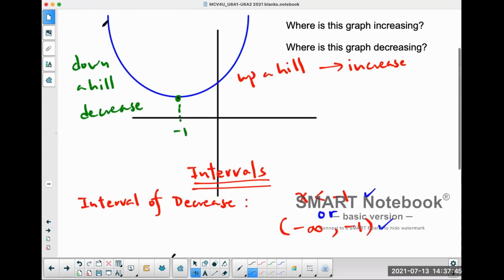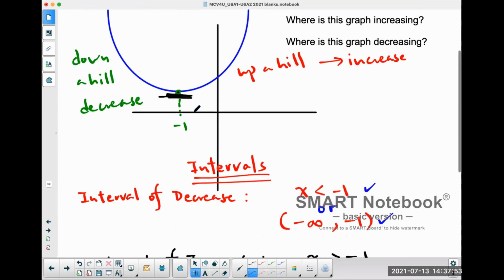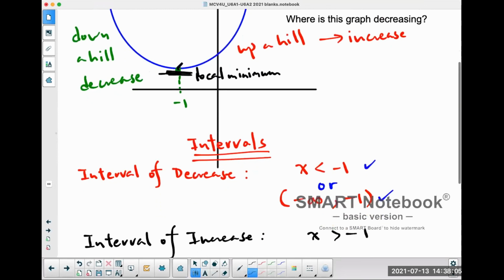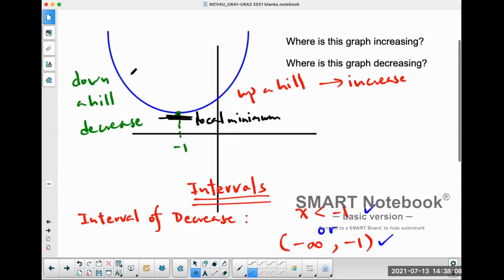And in this case, because you're going down a hill and then you go up a hill, this is the lowest point of the graph. We also call this point the local minimum. And we'll spend more time on that later on. This guy is referred to as the local minimum. It's like the lowest point, right? The bottom of a valley.